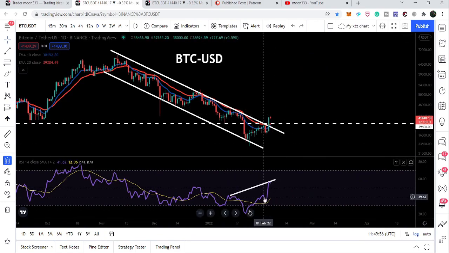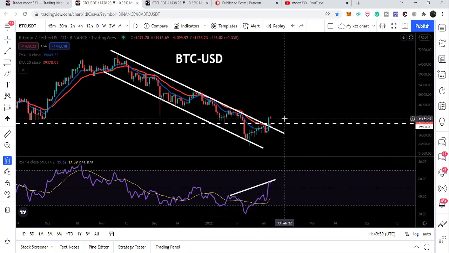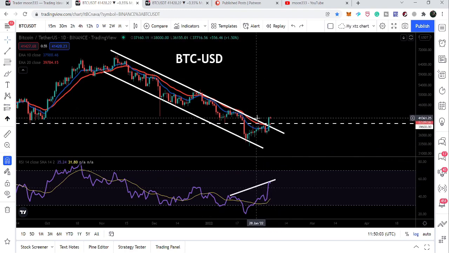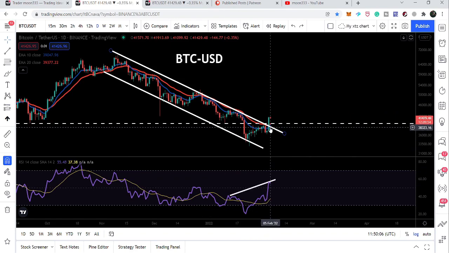But here we have the hidden bearish divergence on the daily time frame. If the price line moves back for a retest, I don't think it will test this support, the previous resistance of the channel, as a support.